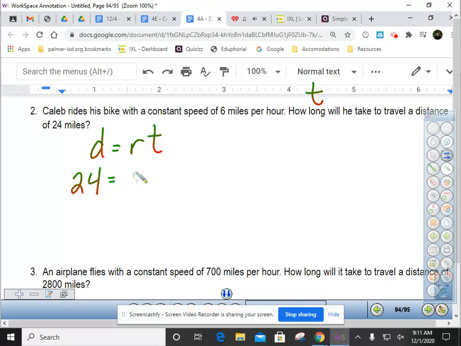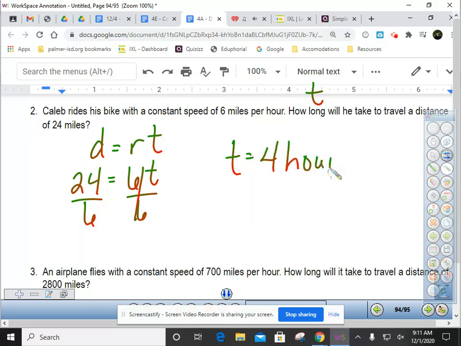What is the rate? 6. And the time is what we don't know. How do you solve that? Divide by what? 6. How long? What's the time? 4 hours.